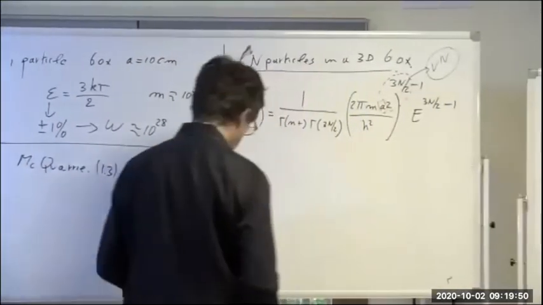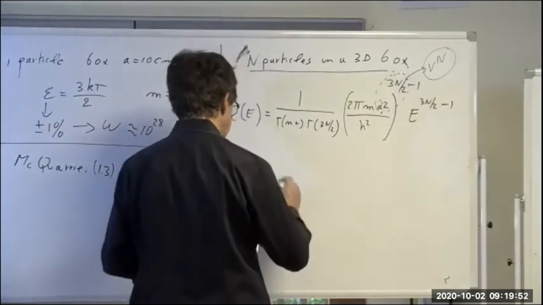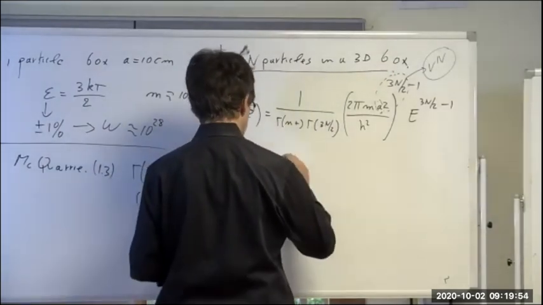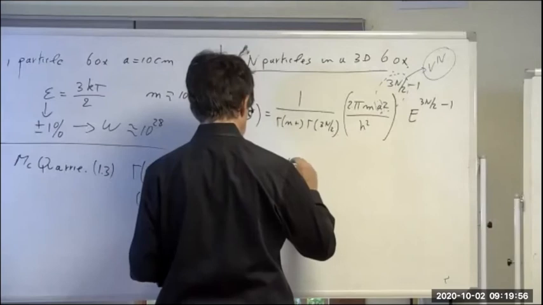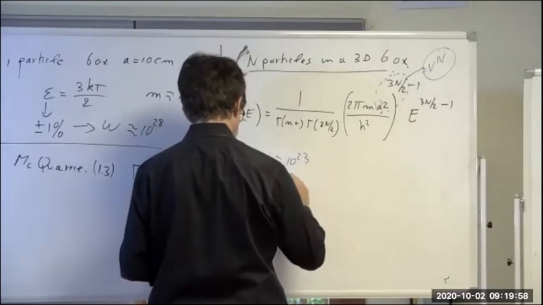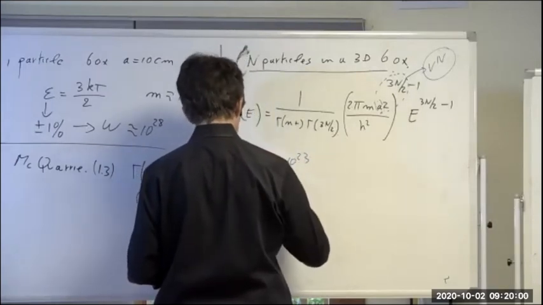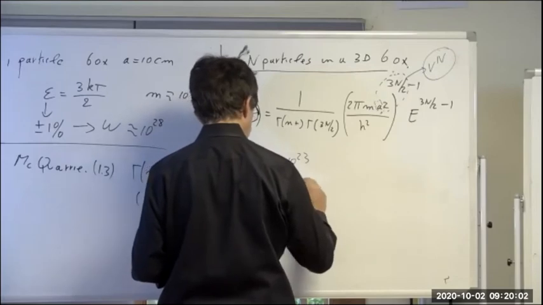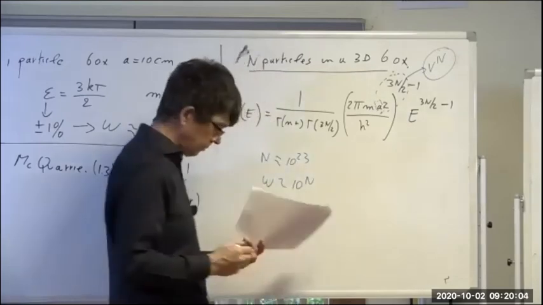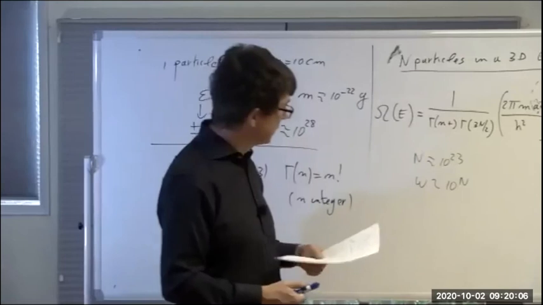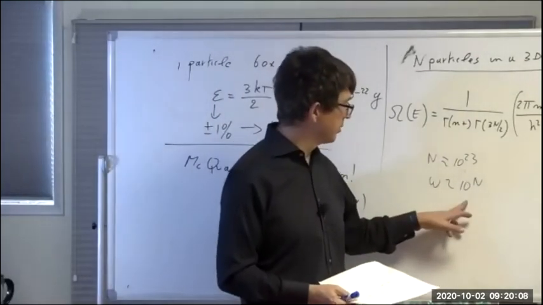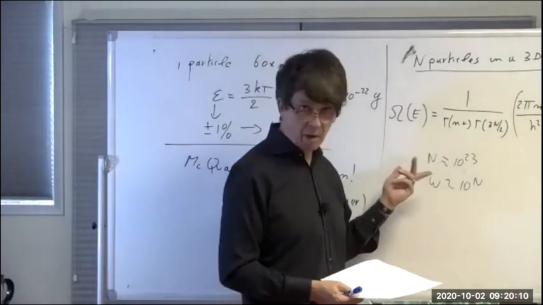I think McQuarrie does an analysis that if n is of the order of Avogadro's number, so if n is 10 to the 23rd, then the density of states goes like 10 to the power n. And that's an enormous number, because you're doing 10 to the power of Avogadro's number.